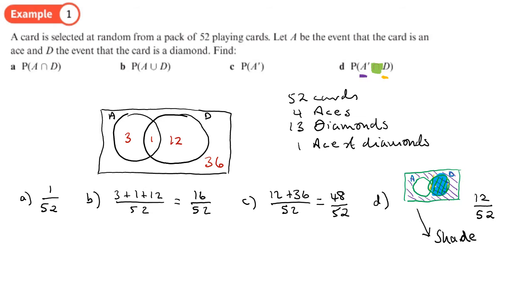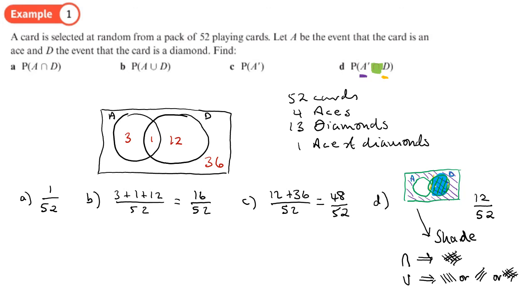Once I shade, if I have the intersect symbol, what I'm looking for is shading in both directions. If I have the union symbol, I'm looking for shading in any direction, whether it's this or this or this. Any type of shading will tell me which bit I'm looking for.